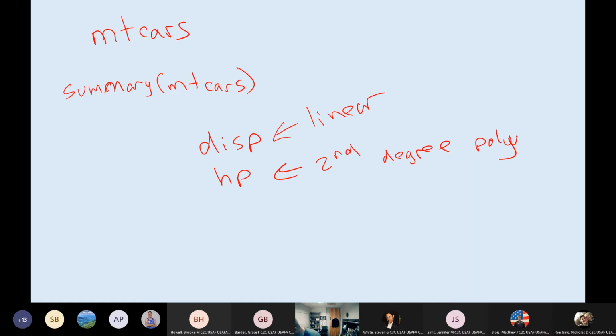So what I would love you to do is try to predict miles per gallon. So what I would like you guys to try to do is generate this regression equation.